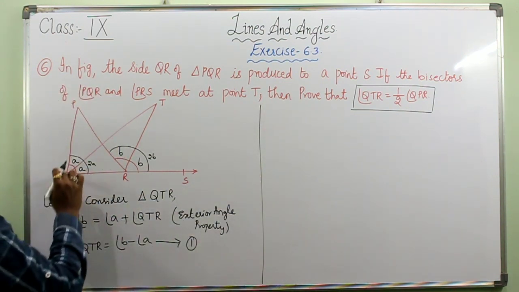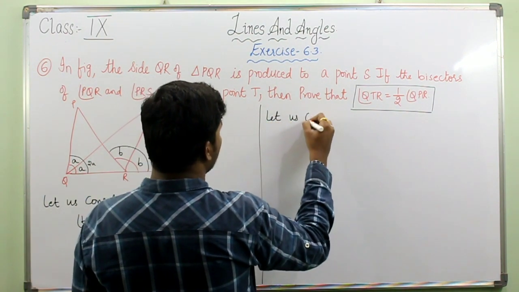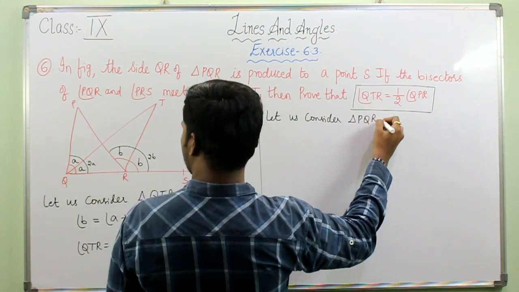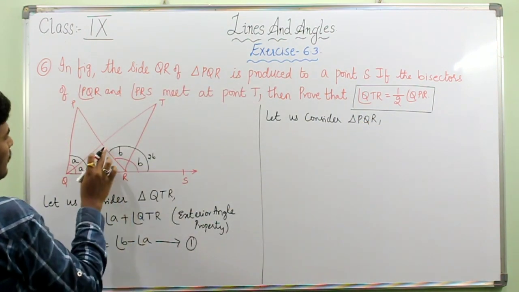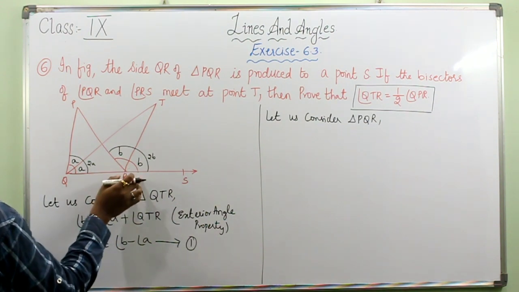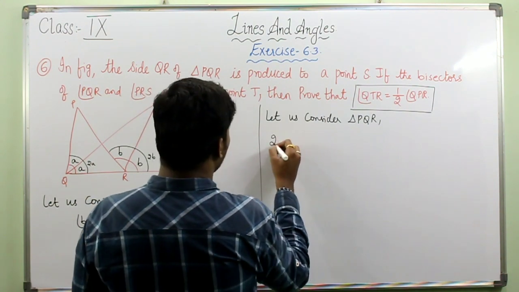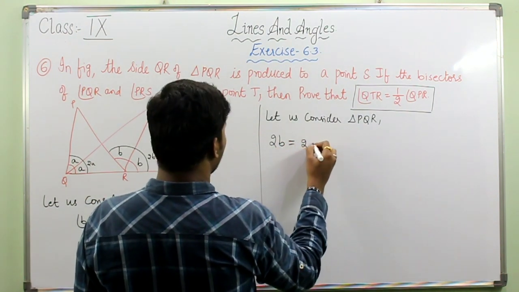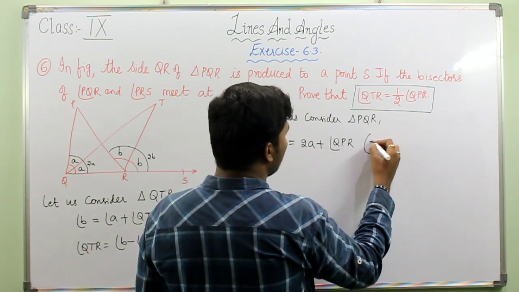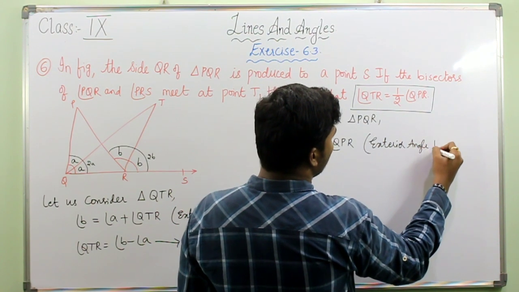Now let us consider triangle PQR. In that, what is the exterior angle here? 2B is the exterior angle. So this 2B is equal to the interior opposite angles. That is 2B is equal to 2A plus angle QPR. What is the reason here? Exterior angle property.